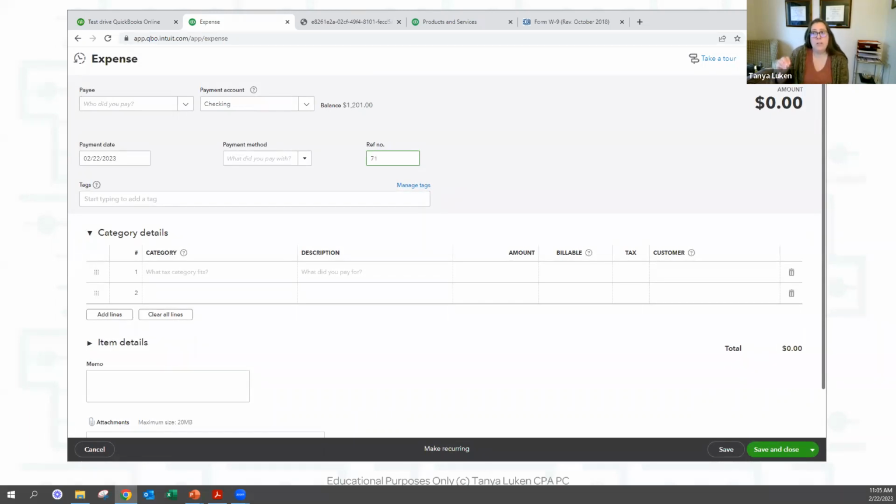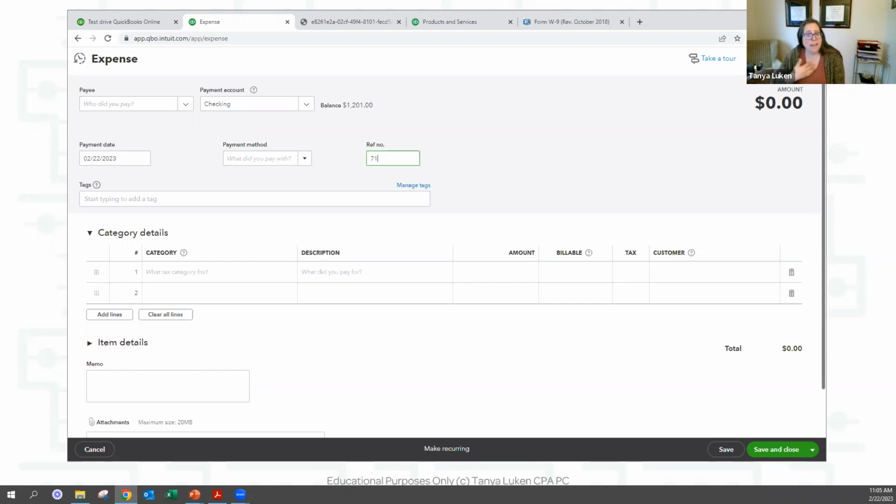So you can use expenses to record any kind of payment that you made, whether it was by check, credit card, ACH transfer, wire, a debit card purchase, whatever. You can always use an expense. You can only use the transaction type check if it's a bank account.